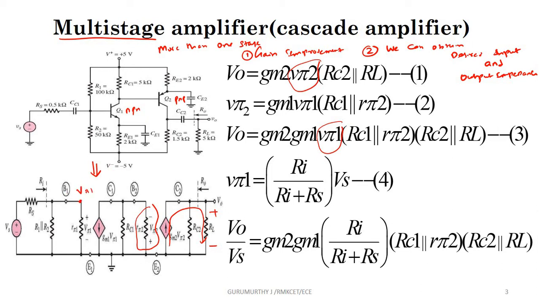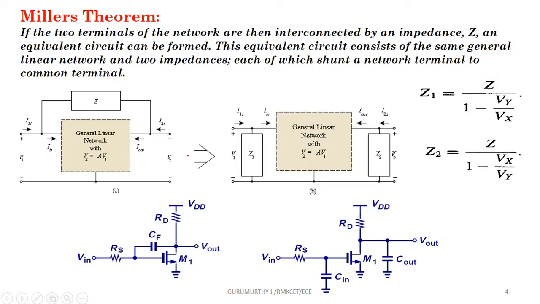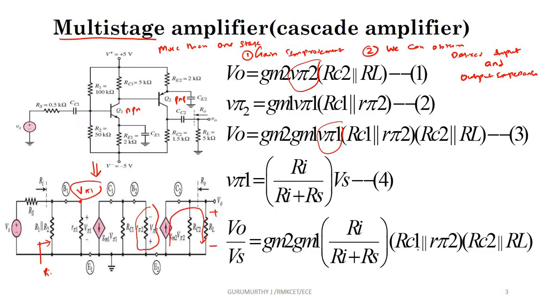So for V pi 1, you apply the voltage divider rule: V pi 1 is equal to Ri divided by Ri plus Rs into Vs. So substitute this, and you will get to this form, which is gm2 into gm1, the transconductance of the second transistor into the transconductance of the first transistor, into RC2 parallel R pi 2, RC1 parallel R pi 2, into Ri divided by Ri plus Rs.